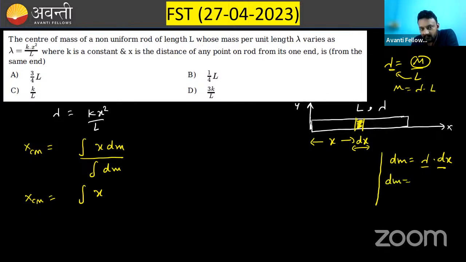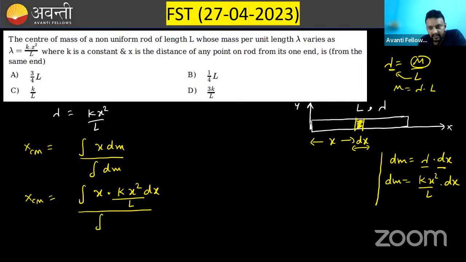So dm will become, lambda is given as kx square by L, that is kx square by L into dx. Clear? Put the values. X dm is what? Kx square dx by L, divided by again integration dm, which is kx square by L dx.